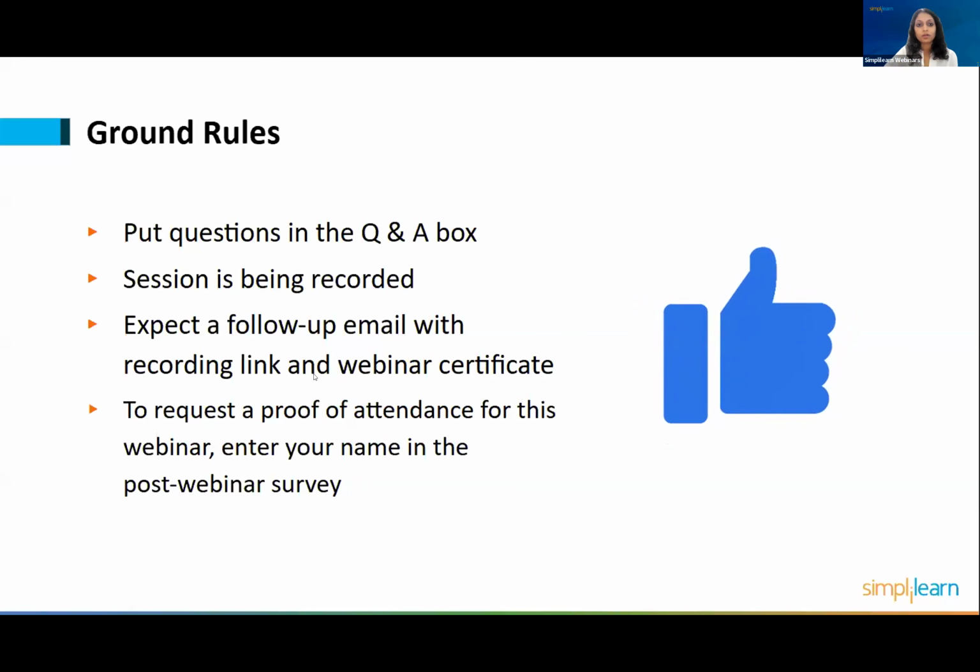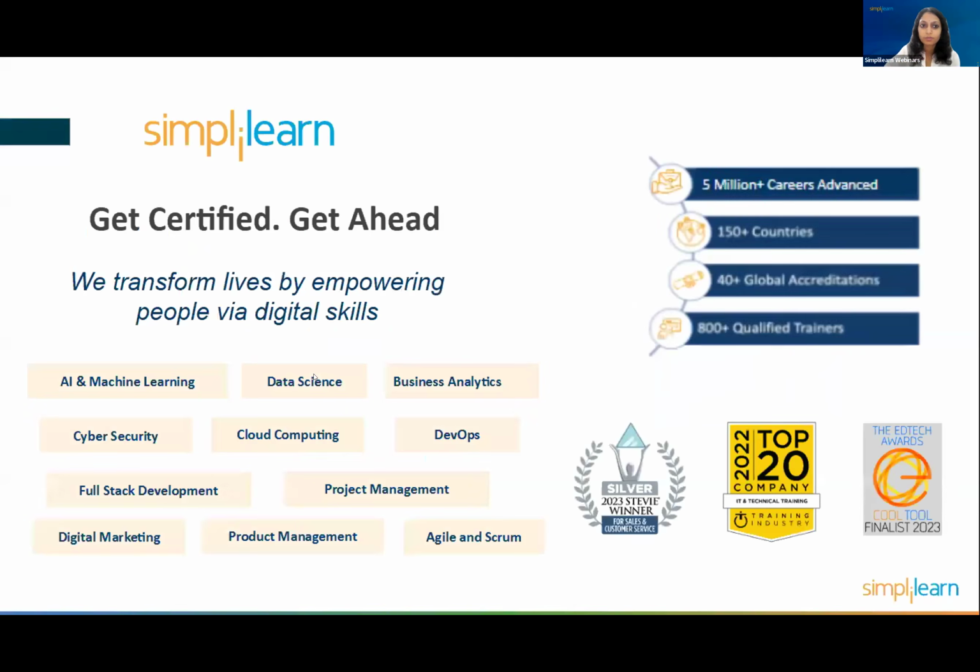So let me quickly introduce you to Simplilearn before I introduce Armando. Simplilearn offers courses in various domains. You can upskill yourself in AI and machine learning, in Gen AI, in data science, business analytics.